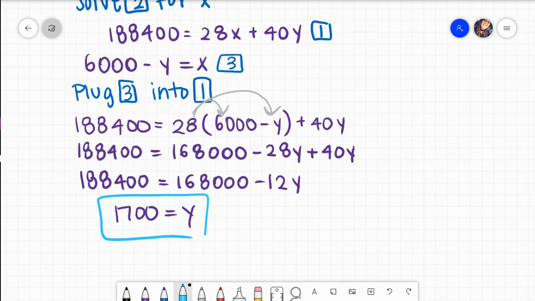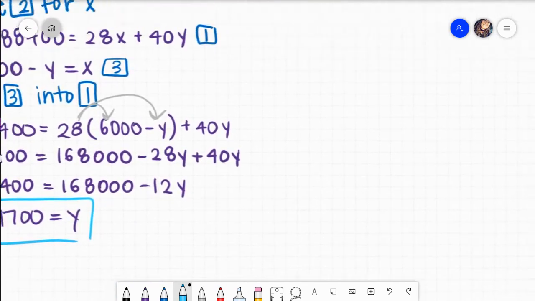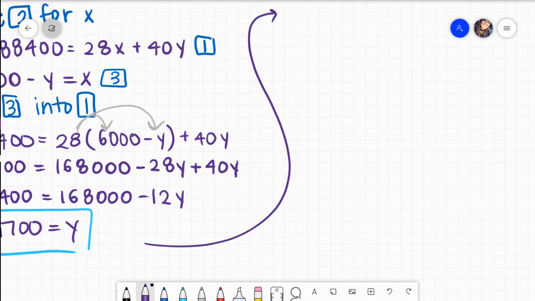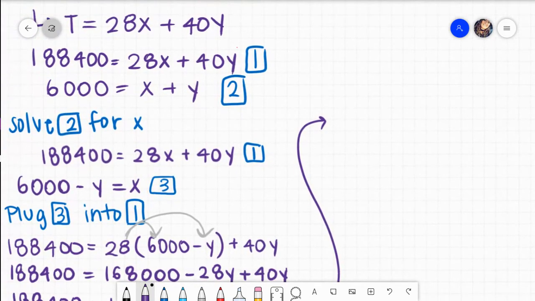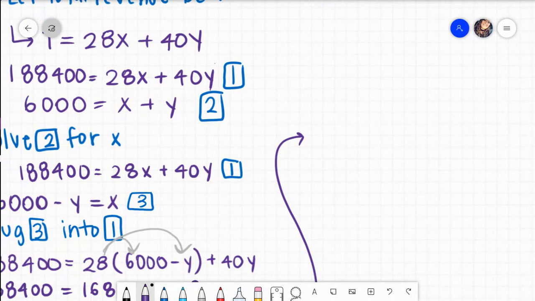Now what we're going to do is we're going to take what we just now solved for our y, and we're going to plug it into an equation. I would use equation 2 because it's simpler. I got 1700 for y. So what I get is 6,000 equals x plus 1700. Solving for this equation, wouldn't I just subtract 1700 from both sides?